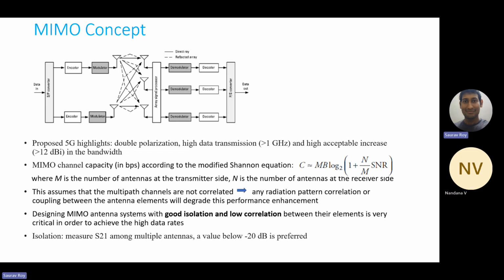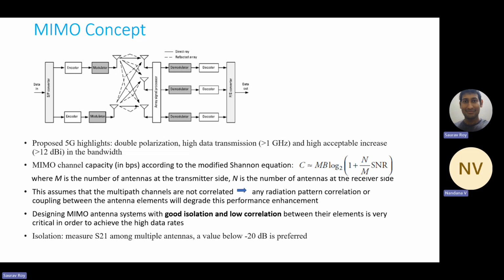It gives you the capacity of the channel, how much maximum data rate you can achieve. That is dependent on the SNR, the signal to noise ratio, and the bandwidth. Now in the MIMO case, the formula changes, where M is the number of transmit antennas and N is the number of receive antennas, and then the formula becomes like this.